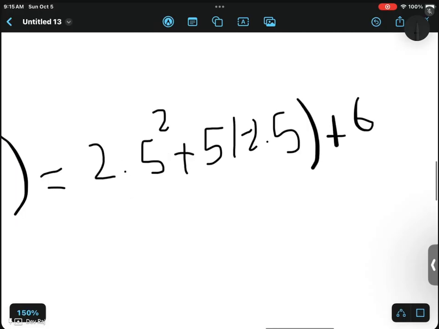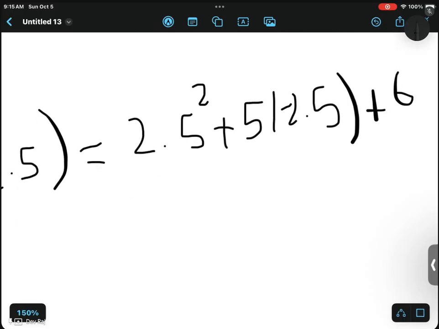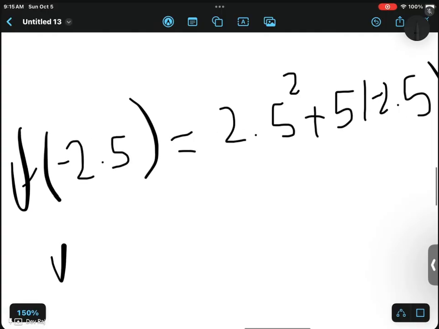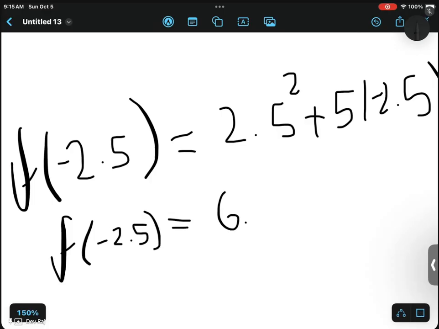Right? Okay, now if you try solving this one, this should be f of negative 2.5 equals 6. Remember, even though there's a negative there, since it's being squared, it turns into a positive.